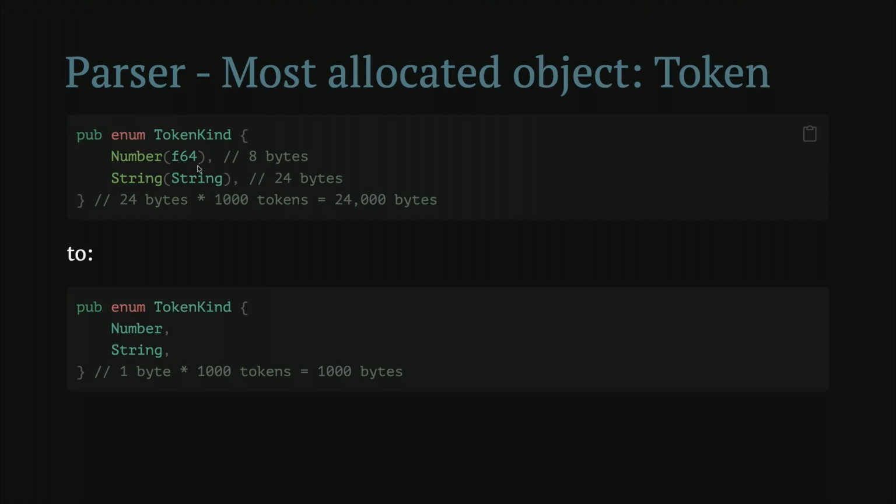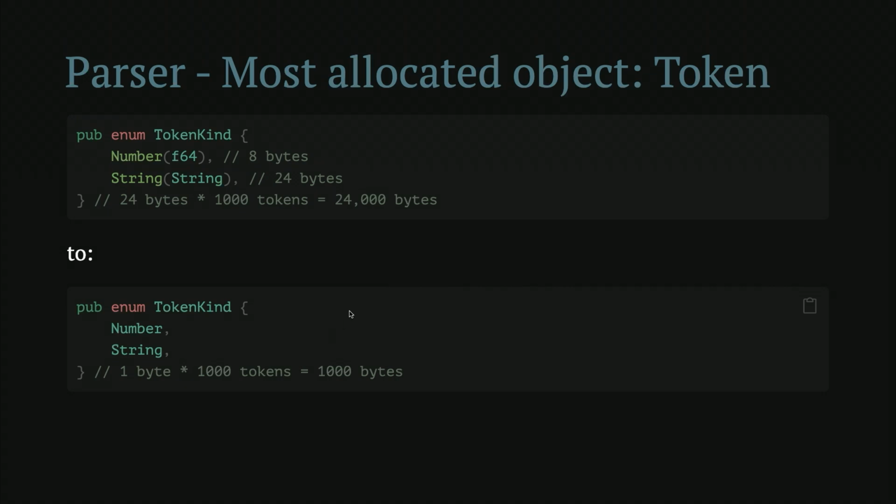Here it has 8 bytes for the float number and 24 bytes for the string. So if in a program you have 1,000 tokens, you will allocate 24 kilobytes. What you are trying to do in data-oriented design and performance engineering is identify that there's a large memory issue here, and reduce it. So what we did in Oxc is move these two pieces of data to another storage, and then you end up with 1 byte for this token kind. So 1,000 tokens will just be 1 kilobyte, which makes this whole thing 24 times smaller.